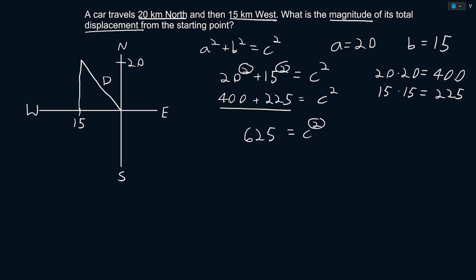And in order to get rid of the square on our c, we must square root both sides. The square root of 625 is just 25, and that is equal to the magnitude of our displacement. So our final answer is that the magnitude of the total displacement is equal to 25 kilometers.